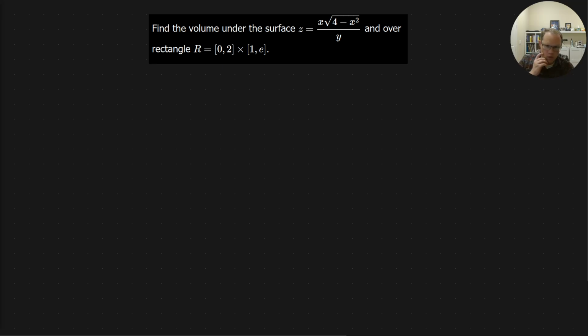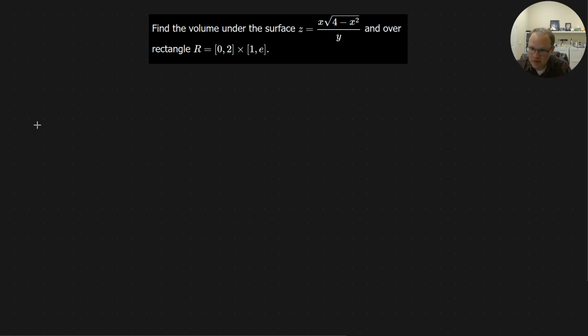Okay. Let's take a look at one more. Here we want to find the volume under the surface, z equals x root 4 minus x squared over y, and over the rectangle R. Now, volume under the surface, that's exactly what this multivariate integration is good for.